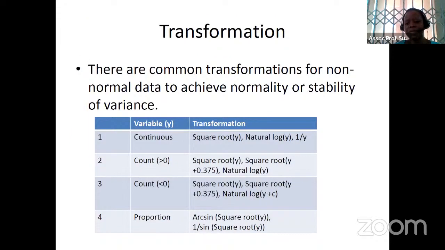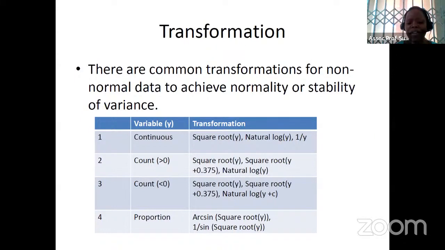Okay, sometimes you find that there is a nonlinear relationship, but it requires transformation. So in that case, you can transform your Y or your X as well by using either square root or natural logarithm.